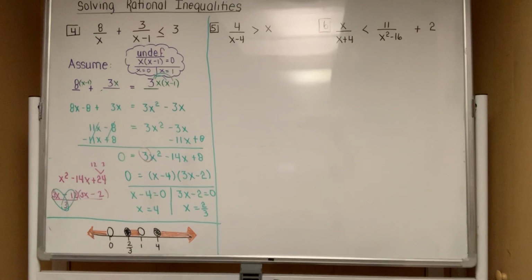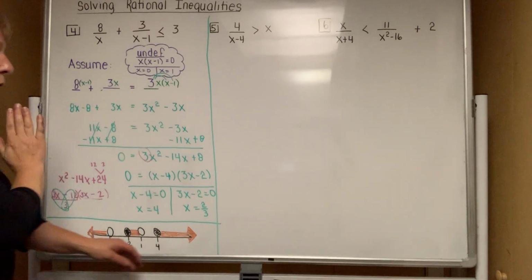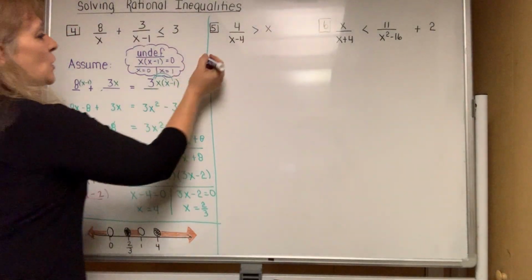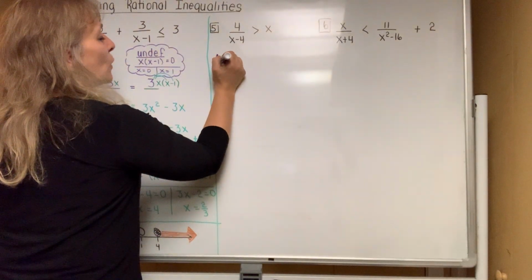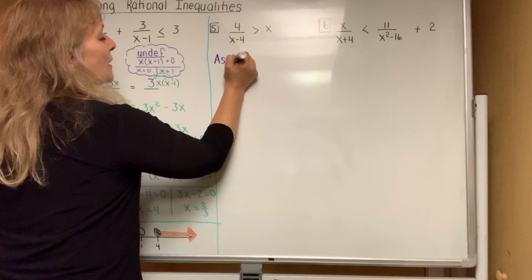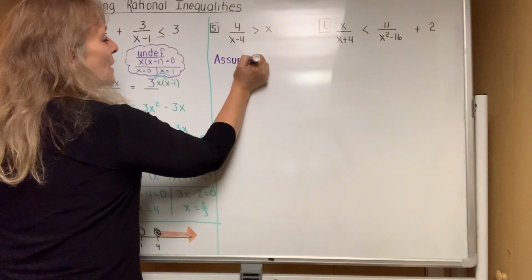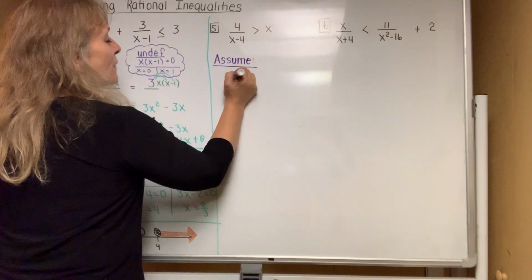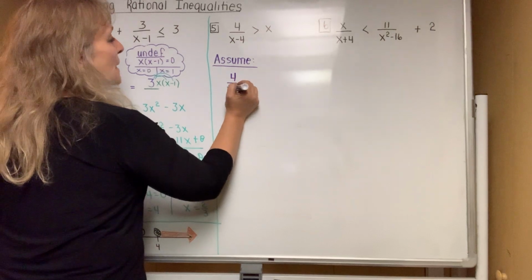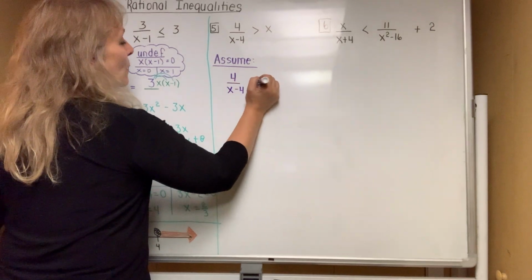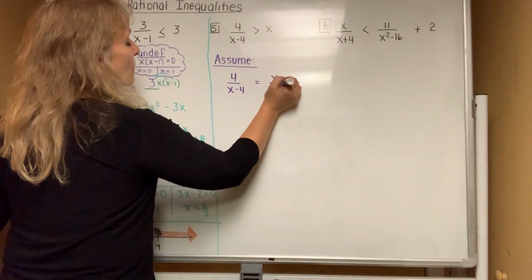Okay, number 5. It's an inequality, it's a fraction, you want to change it into an equation. So right off the bat, you assume that you are looking at an equation instead, which is 4 over x minus 4 equals x.